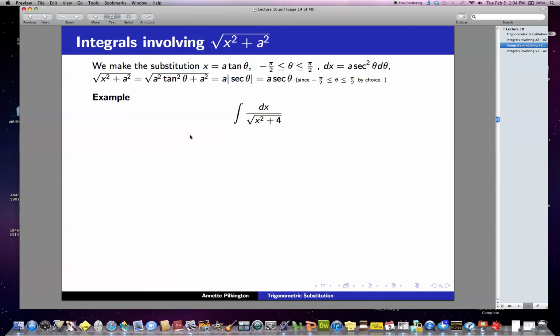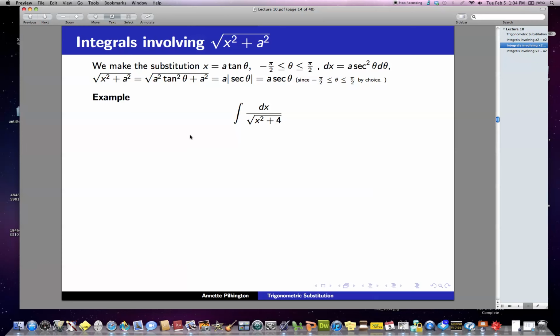Here's the second type of substitution. Part of learning this method is recognizing which substitution to use, and then of course carrying out the substitution. In this case the recommended substitution is x equals a times tangent of theta.